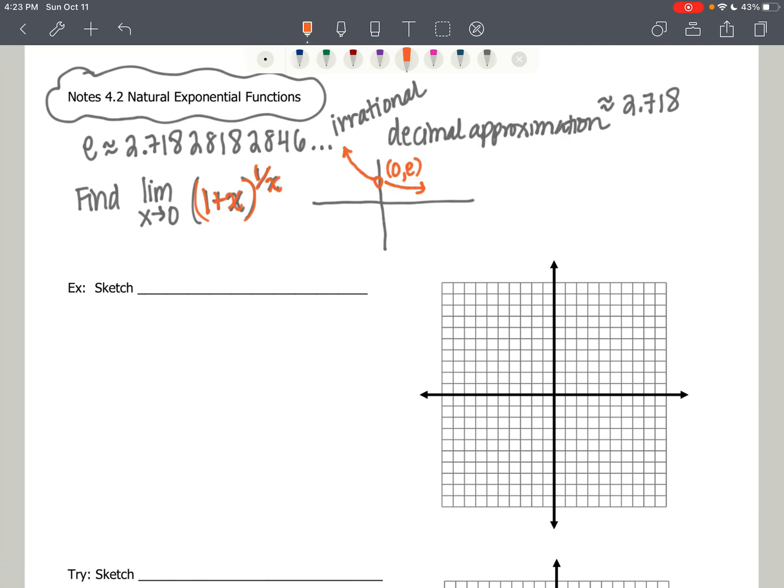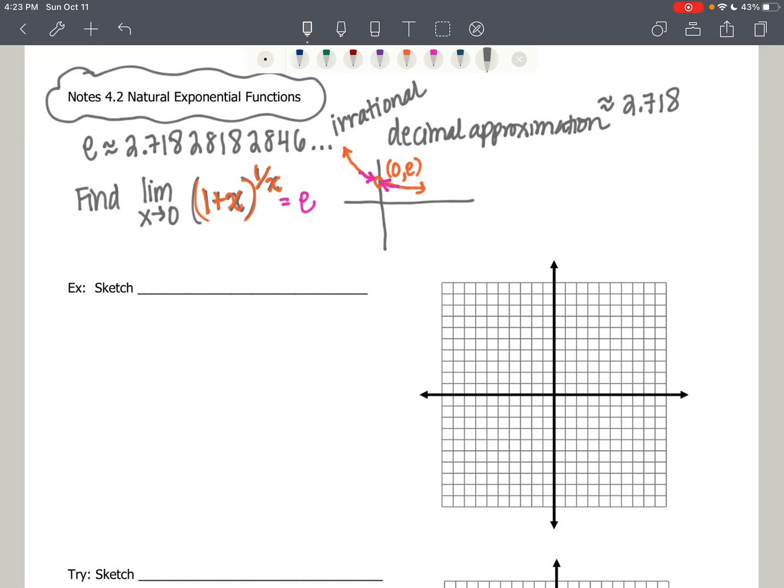So as x approaches 0 from the left-hand side, you'd be approaching e. From the right-hand side of 0, you'd be approaching e. That limit equals e, and that's where e comes from.